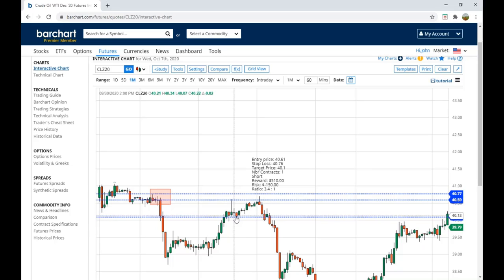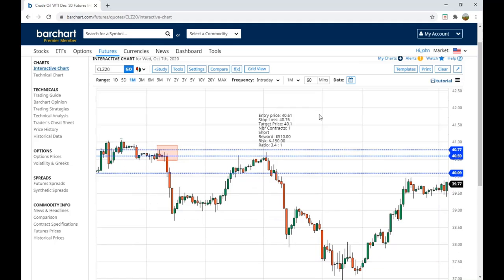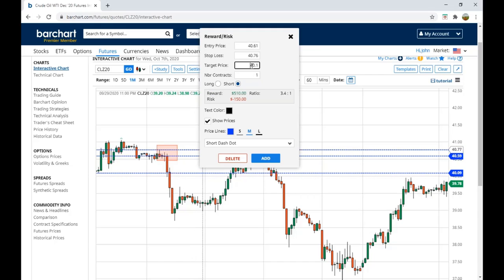But if I believe in my trend that this resistance will fail and then eventually price will go lower, maybe as far as this, where the price came back, what I could do is, after I get my first target, change my target to this target. And now we see that this trade, if I can get that 3-to-1, now turns into a 10-to-1 trade. And that would be a really good trade for a day trader.